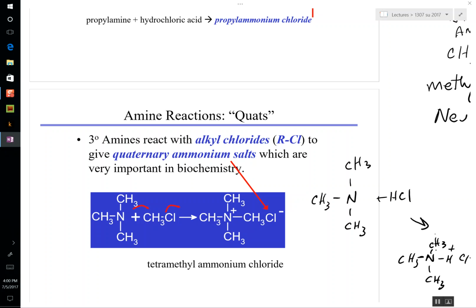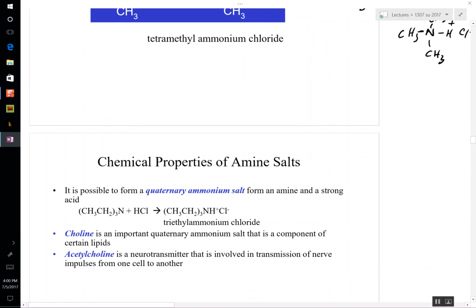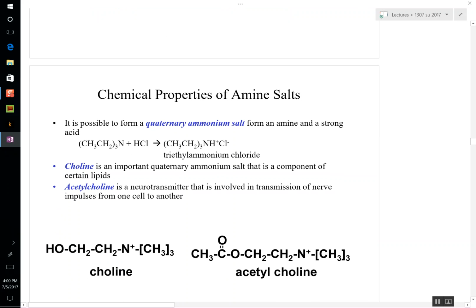Very important in biochemistry. All right, this will come back up in chapter, what chapter? 18, 19, I think we'll see. Maybe even 17. I think we got some examples right here. You've probably heard of these. Choline, acetylcholine.